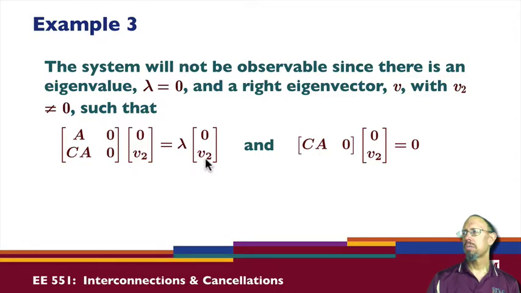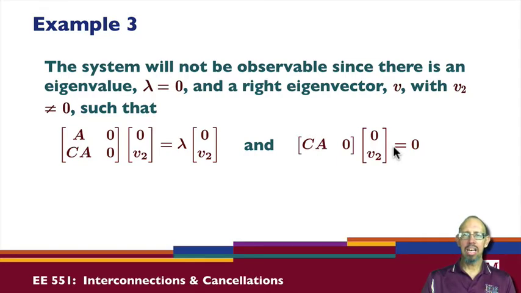Or rather, if I set this equal to, I get this quantity. So notice that since lambda is 0, I have this relationship, and I also have this relationship. So this is my overall A matrix, this is my overall C matrix, and I have thus shown that the system is not observable. So we can analyze systems this way.